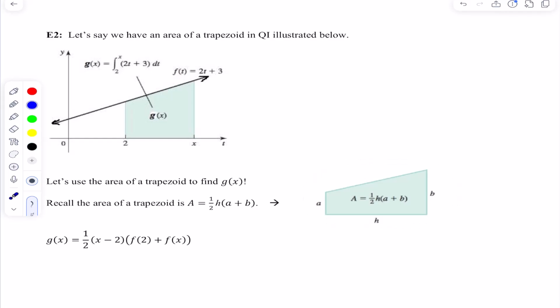Substituting everything, we know that this base here has the length f of 2, which is 7. We know that this length here is going to be f of x, which is 2x plus 3.